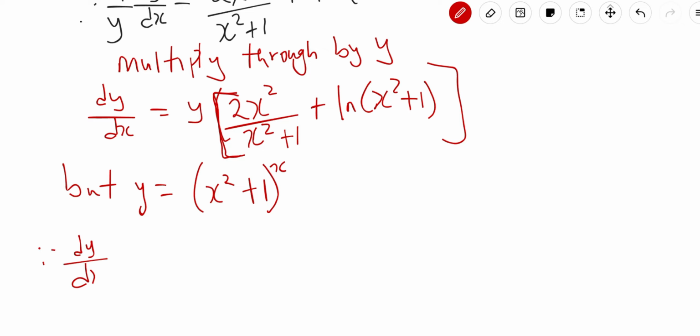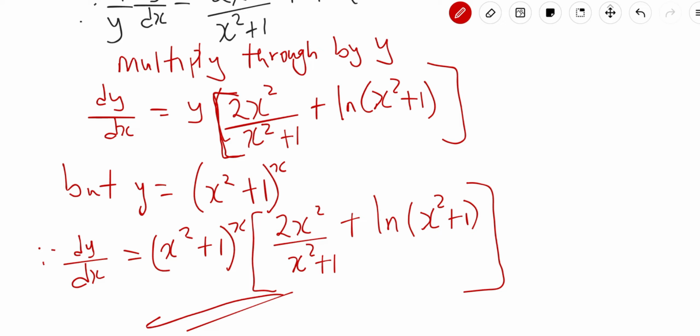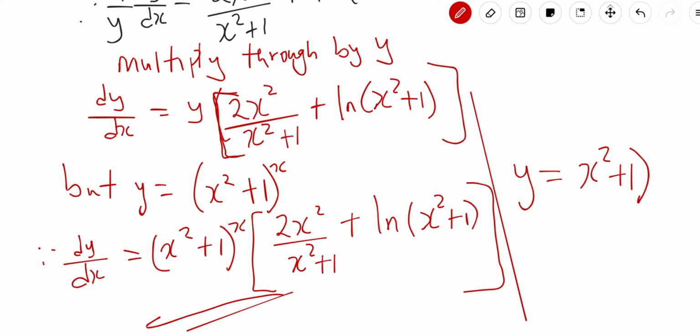Therefore, when we substitute that, dy/dx is equal to (x² + 1)^x multiplied by 2x² over x² + 1 plus ln(x² + 1). And that becomes our final answer. So the final answer to differentiating y equal to (x² + 1)^x is this.